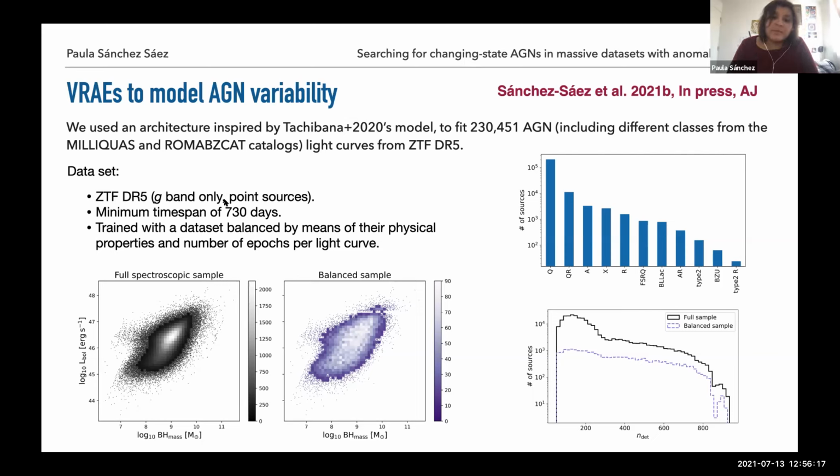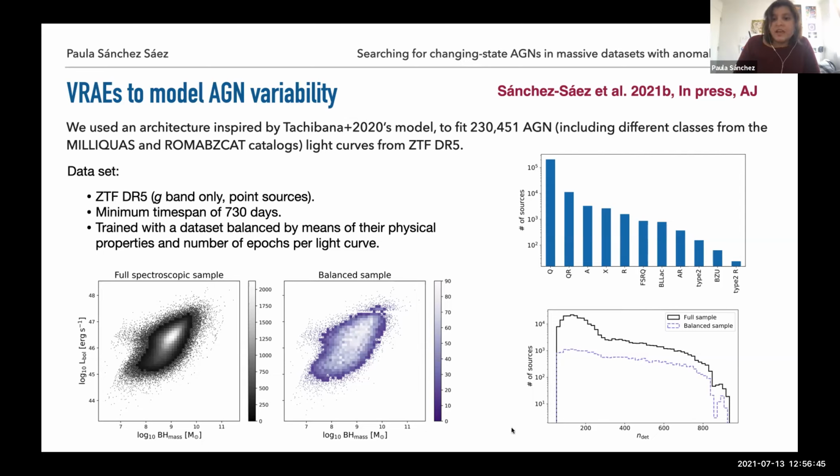And in order to train the model, since we're doing anomaly detection, we use a balanced sample where we take all the sources with physical properties available from the literature and select a sample that is balanced by means of the luminosity and the black hole mass. And this is important because we want to avoid the method classifying as anomalous sources that are just less luminous or very luminous with respect to the total sample.